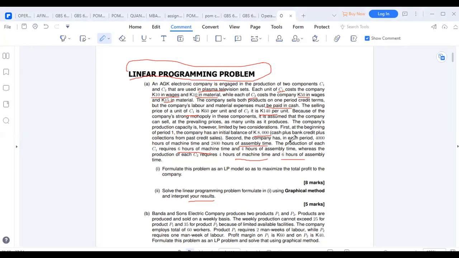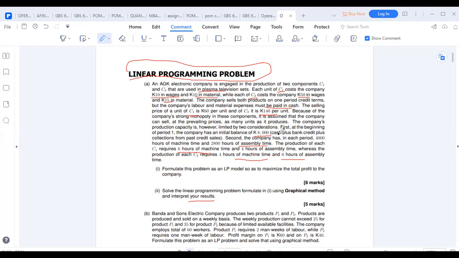First, at the beginning of the period, the company has an initial balance of 8,000, which is cash plus bank credit plus collection from the past credit sales.